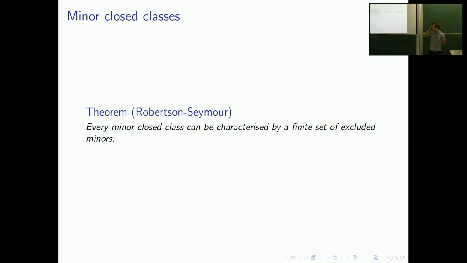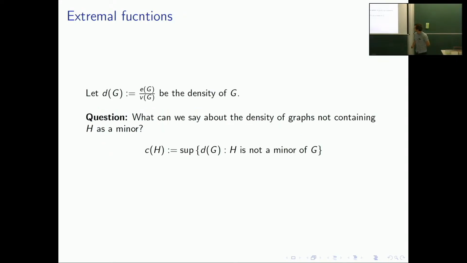An interesting one that will come up later maybe is the class of graphs with bounded component size, for example. So components of size at most k, of course, this is a class of graphs which is closed under taking minors.